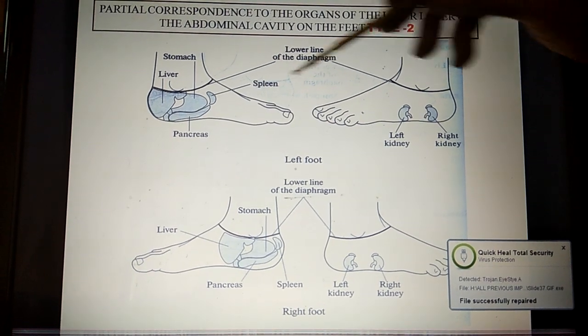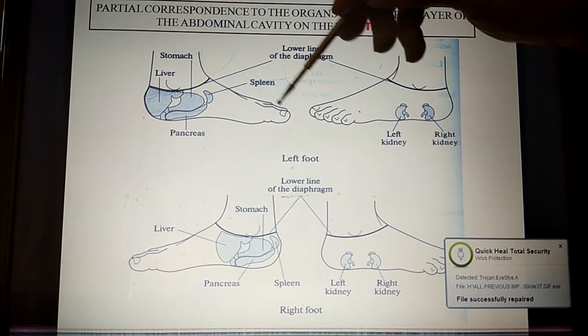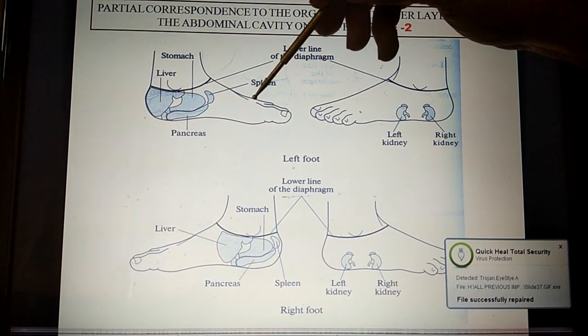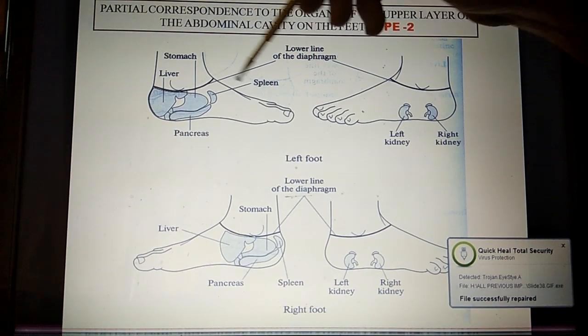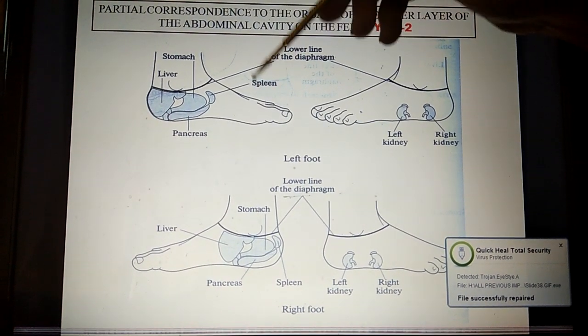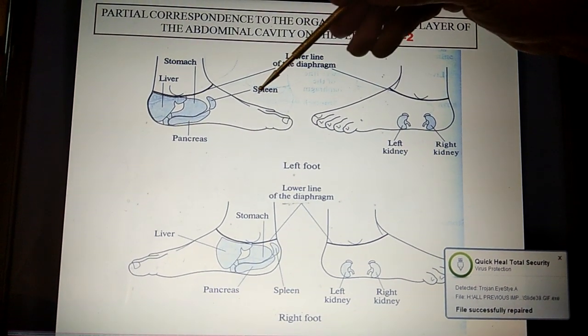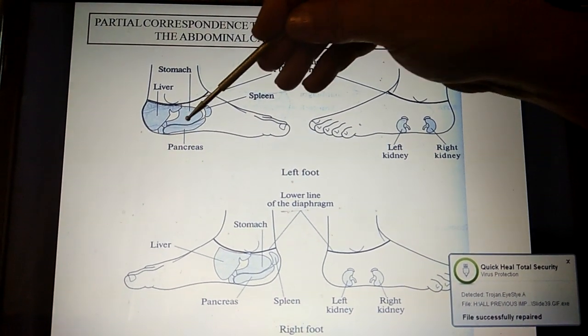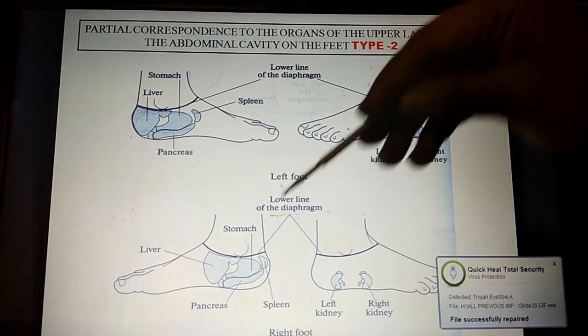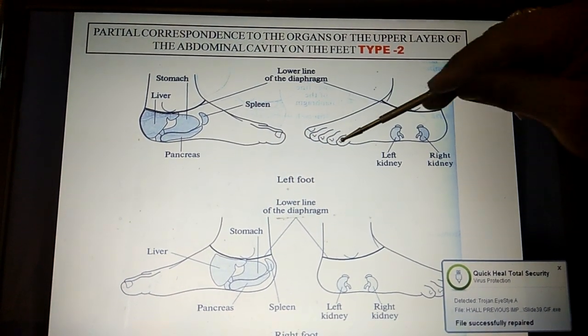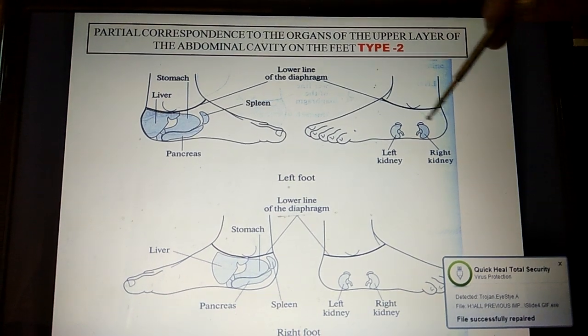Now this is the yin side, towards the big toe. This inner yin surface of the foot carries the areas of correspondence to the internal organs of the subdiaphragm area. And towards the little toe is the yang side.